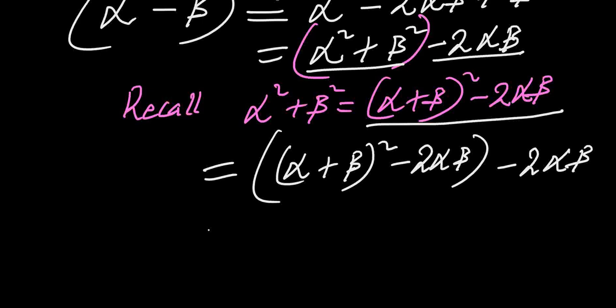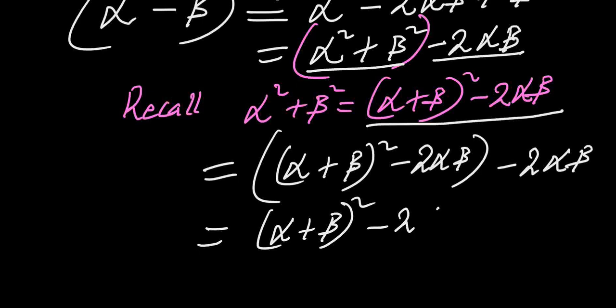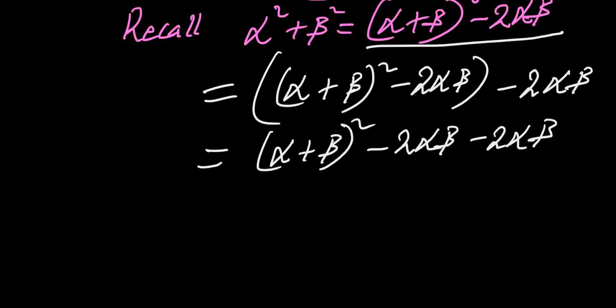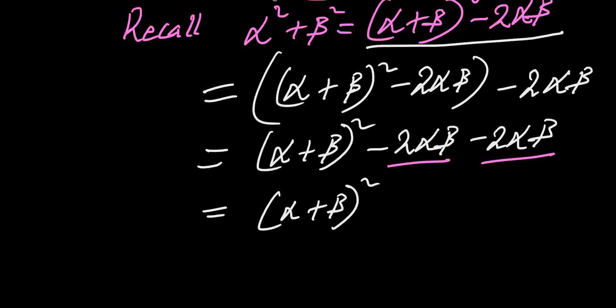Now, if you clear this parentheses, then you're going to have (alpha plus beta) squared negative 2 alpha beta negative 2 alpha beta, and negative 2 alpha beta negative 2 alpha beta, that automatically is negative 4 alpha beta. So this will become (alpha plus beta) squared negative 4 alpha beta.